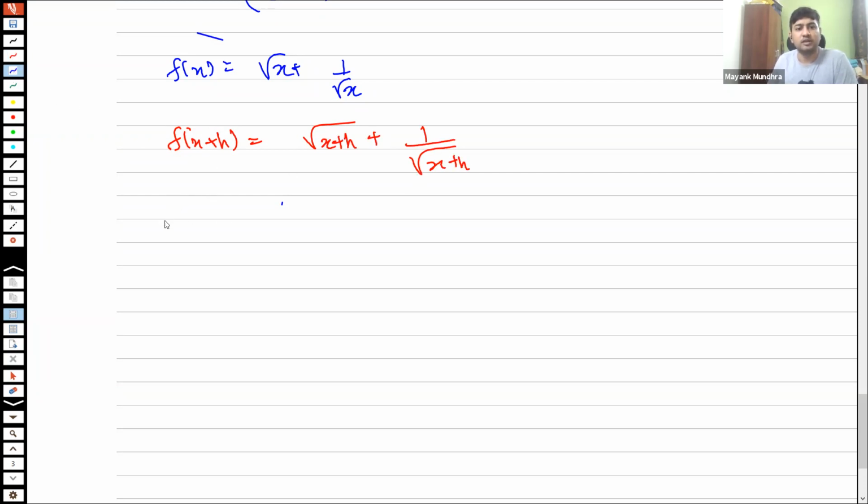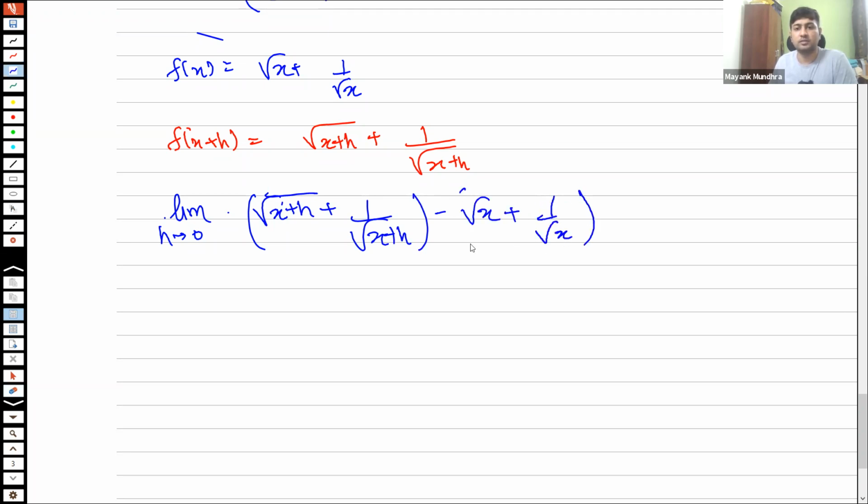Right, so I am interested in the limit as h tends to 0 of (root x plus h plus 1 by root x plus h, minus root x plus 1 by root x) whole divided by h.